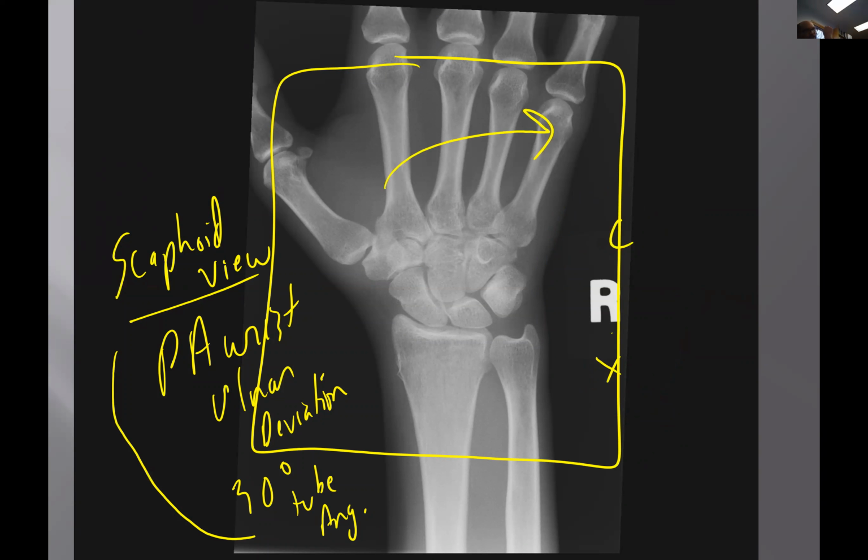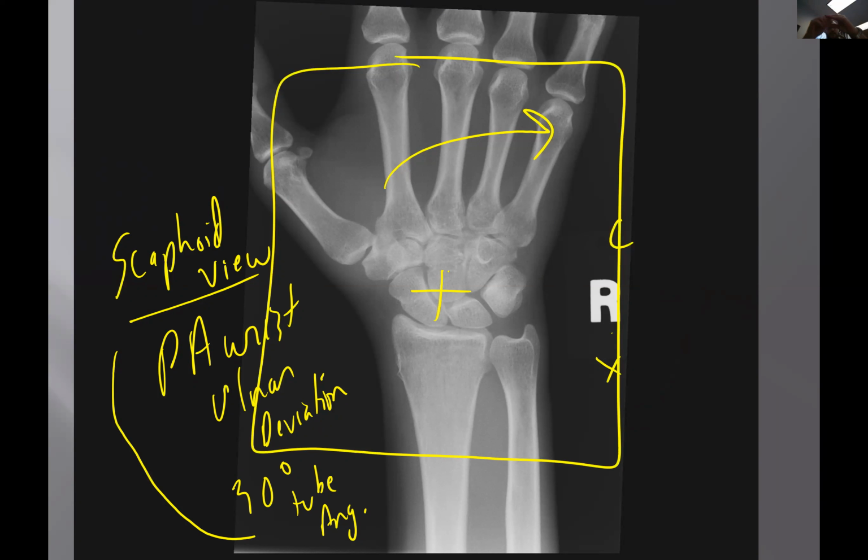with ulnar deviation. But the key is, instead of just shooting the x-ray right through with no tube tilt, like we normally do, putting the X marks the spot right in the wrist and shooting straight down, what you need to do is put the X mark the spot here, but tilt the tube 30 degrees towards the elbow.